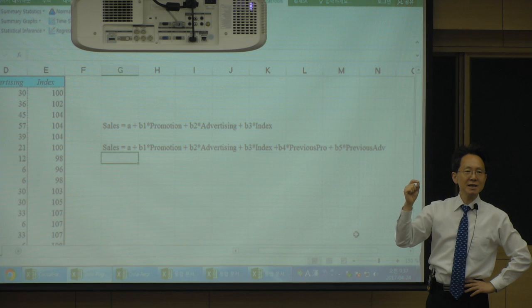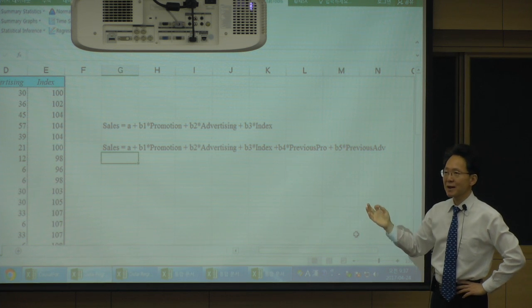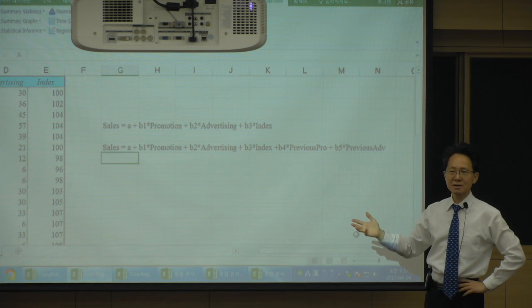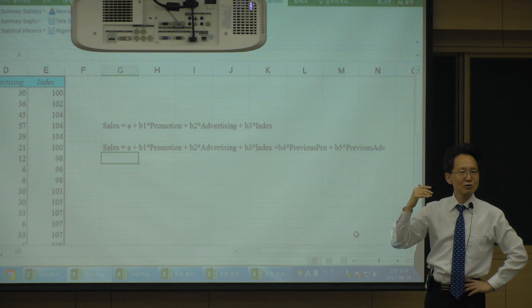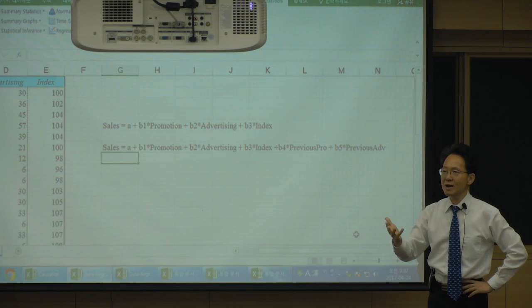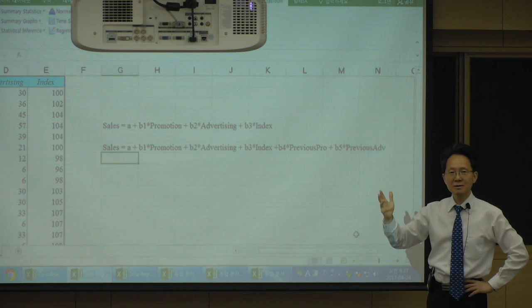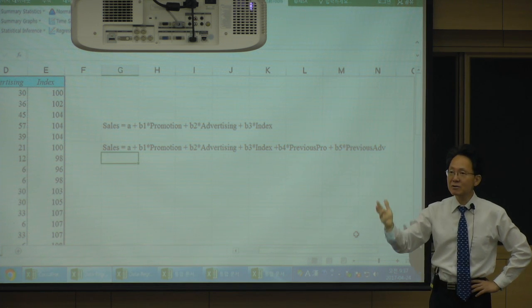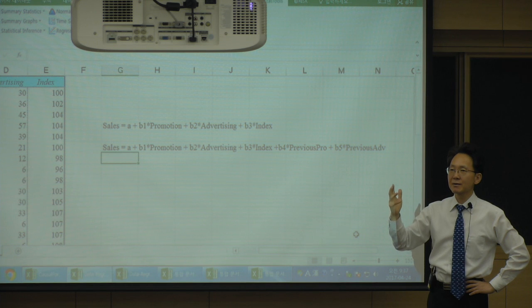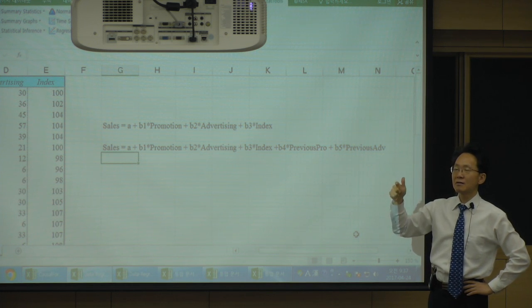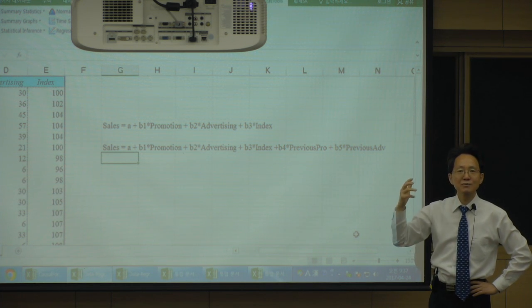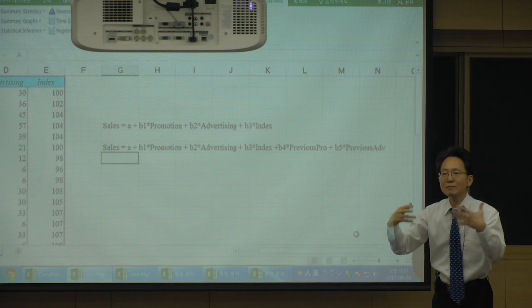Are there any extra variables I somehow miss? Can I include some additional variables? Or can I improve the model so that I have a better relationship, better, let's say, large validity of the regression model? So you have to ask a question.